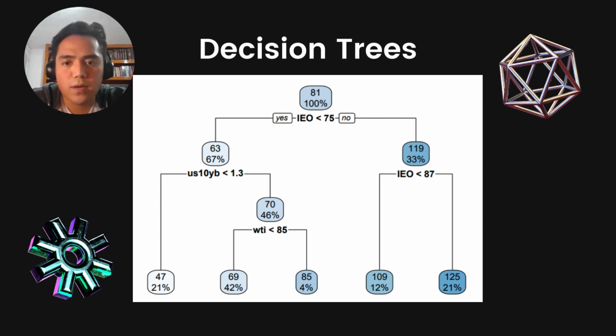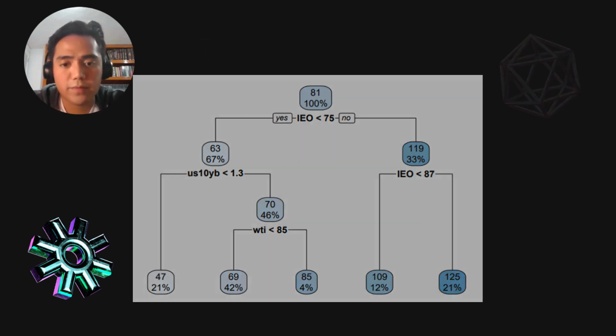In this case, they are 63 and 199, with 63 having 67% and related to the US 10-year yield bond. And from that we have 70 and we have 46% related to the West Texas Petroleum. And from the other side we have the relation with our ETF.